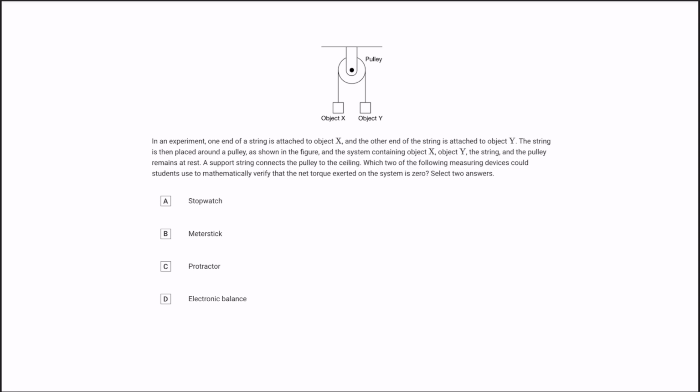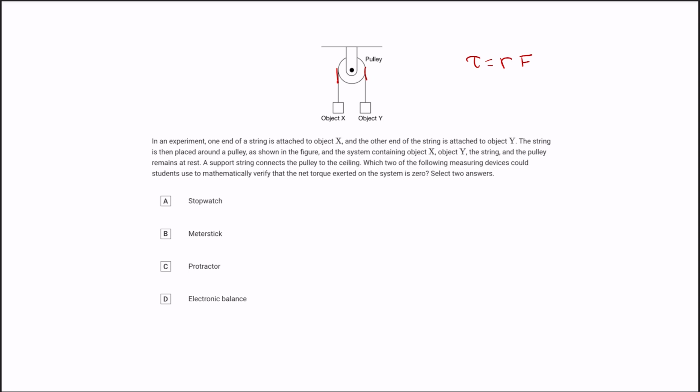Okay, well, in order to mathematically verify anything about the torque, we need to know the physics principle for how to find torque. We need to know the radius of the pulley system, and we need to know the force being applied. The force being applied is literally just gravity on objects X and Y, and that gravity is applied perfectly tangentially, so we don't need anything with angles.